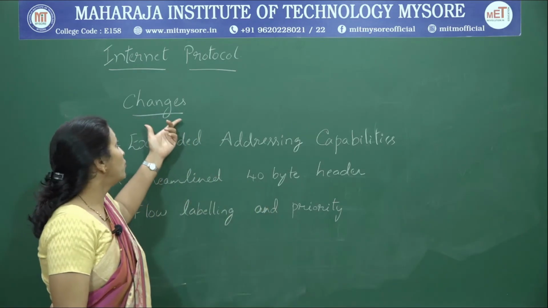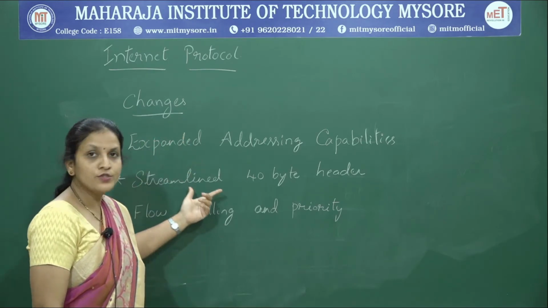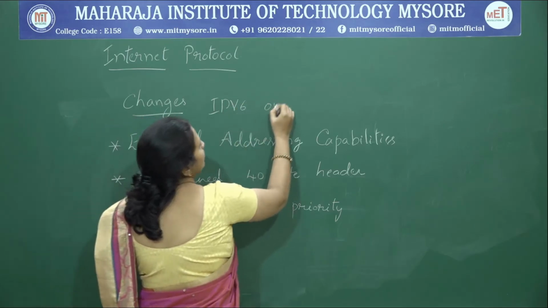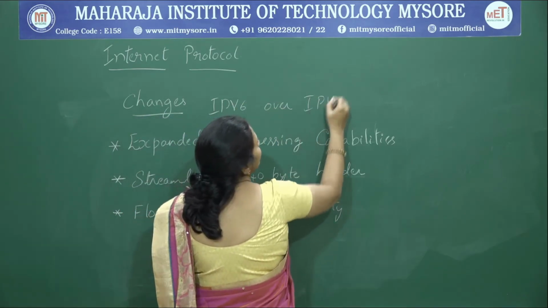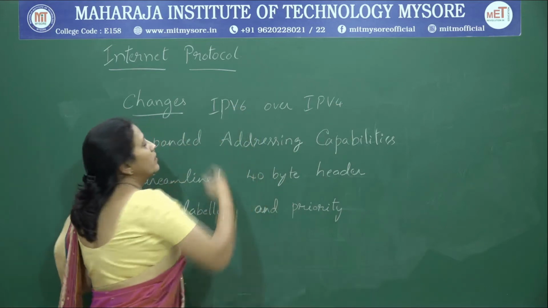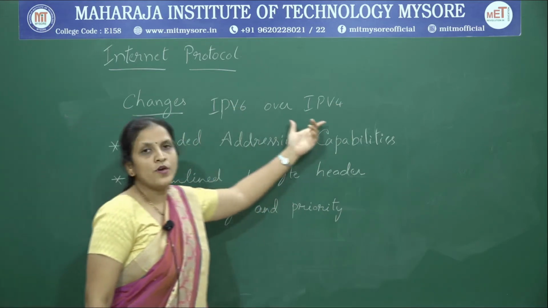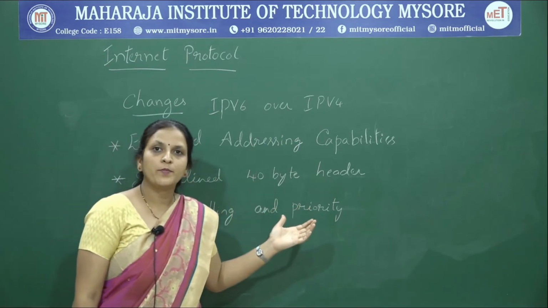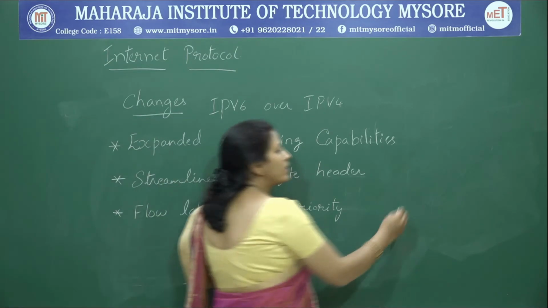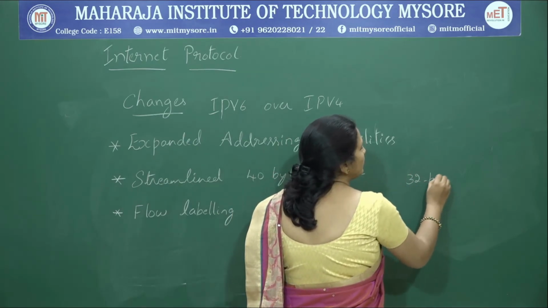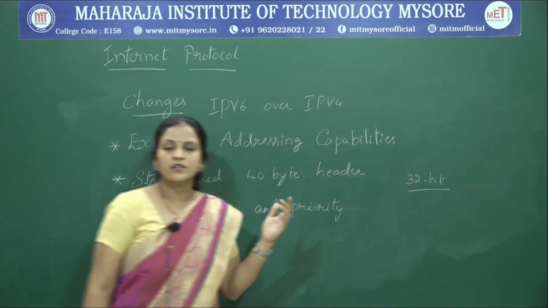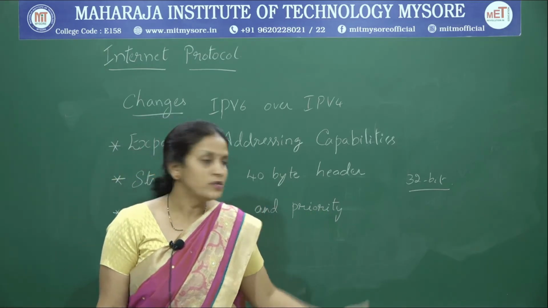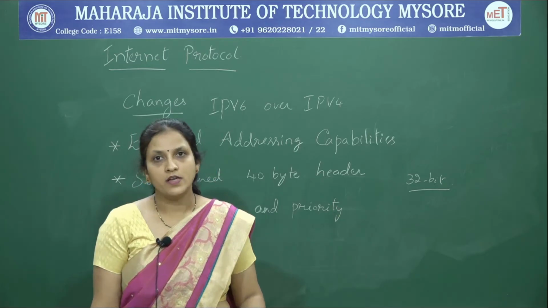Now, we will look into the changes that were introduced in IPv6 over IPv4. As I already told you, in the IPv4 datagram header, we had 32-bit space for source and destination. The major concern in the early 90s was that we were running out of IP addresses because of this 32-bit constraint.